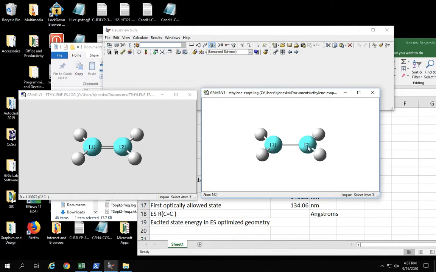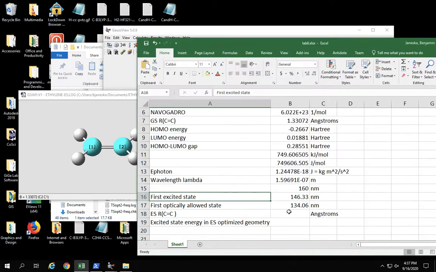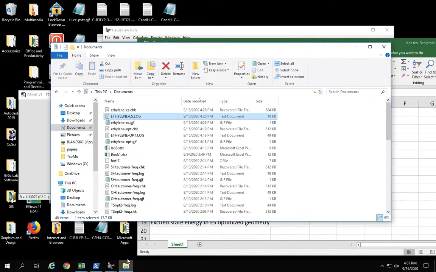So this is our fluorescence shift. The bond length is 1.5695. Pretty significant change from 1.33 to 1.57. Now, what about the excitation energy from the ground state to the first excited state when we're in this optimized geometry? Well, I can get that from the log file as well.